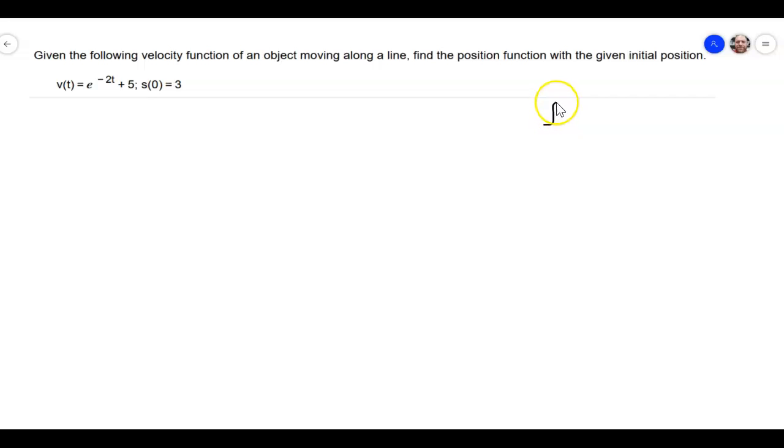For an e function, it's going to look like this. If we take the integral of e to some a times a variable, in this case we'll call it t, that's going to be equal to 1 over that a, e to the at, plus some arbitrary constant c that we usually don't know what it is.